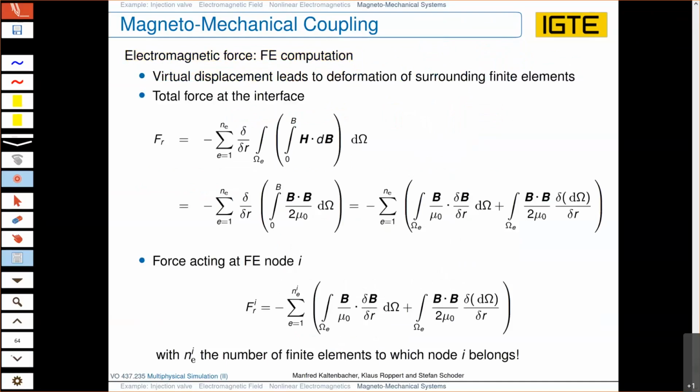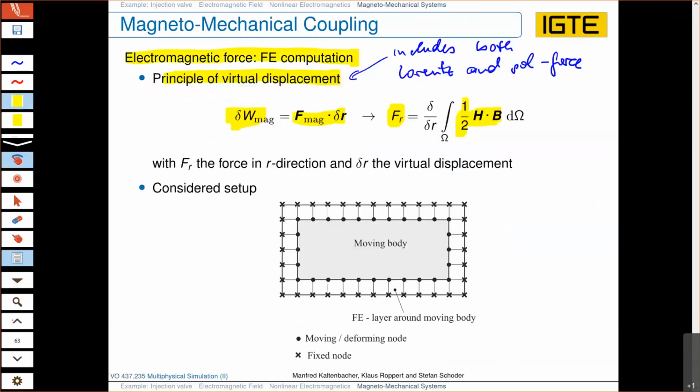Okay, so the general expression, to be precise, is clear. We have to integrate H dB from 0 to B, but remember we have to do this for these volumes, this layer of elements, and these elements are within air.